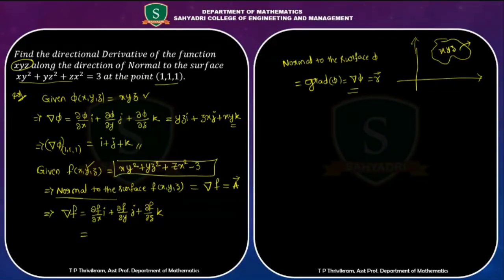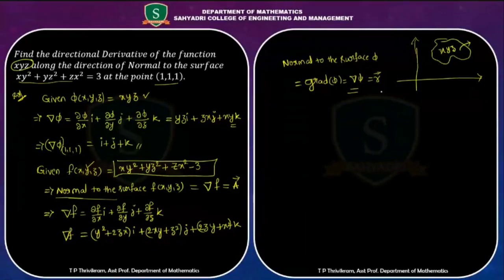So how much you'll get? y square plus 2zx i plus 2xy plus z square j plus 2zy plus x square k. Okay. So this is about del f.